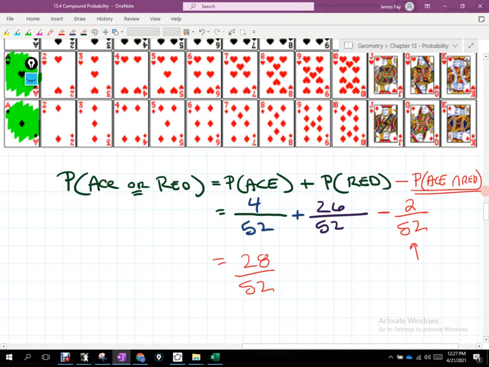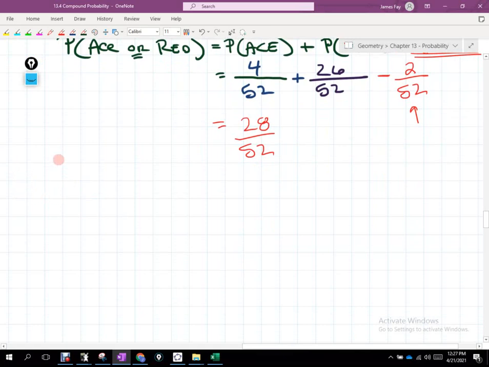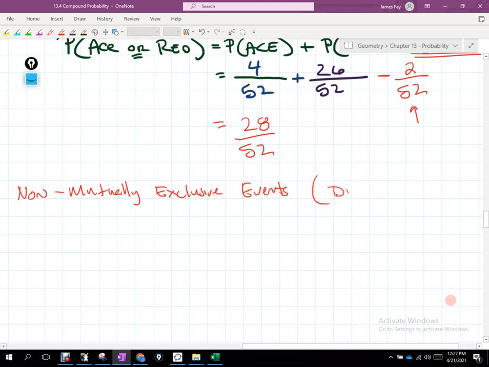Does that make sense? So what that does for us is that generates what we call our formula for non-mutually exclusive events. Okay? Like I said, you might see it written as they are joint or jointed events.